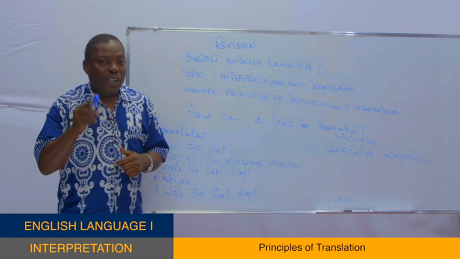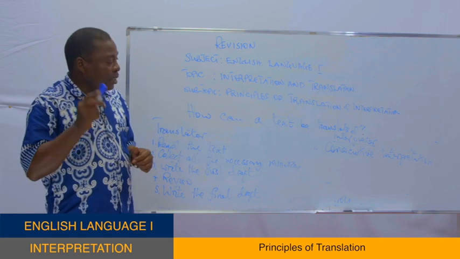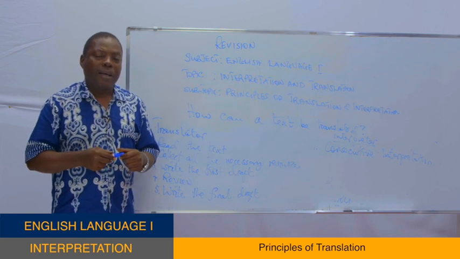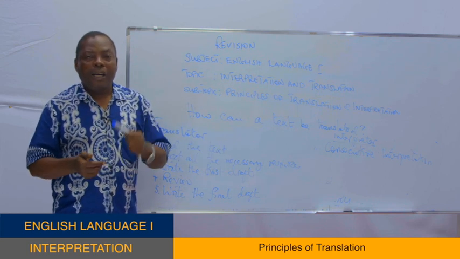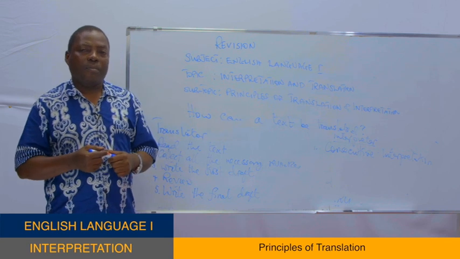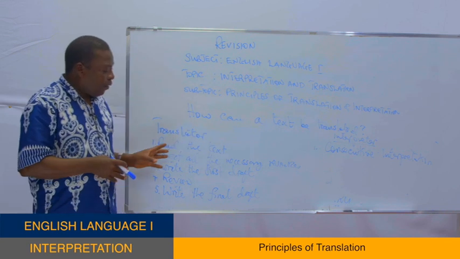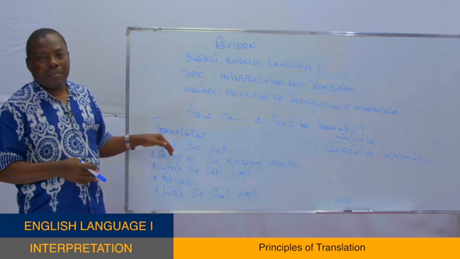But as I said, it is advised that the interpreter uses the same gestures that the source speaker uses. So you can see, those make it different from a translator.